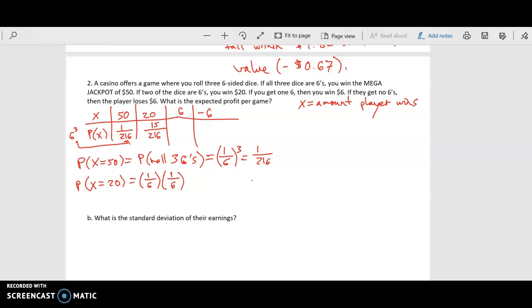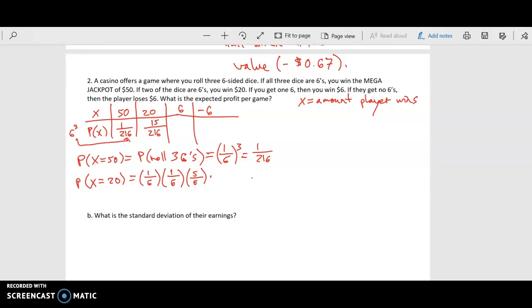So there are 2 6s, and then 5/6 is our third roll. But because order matters, there are 3 ways for that to happen, so we're going to multiply that thing by 3. That's where the 15 out of 216 happens.